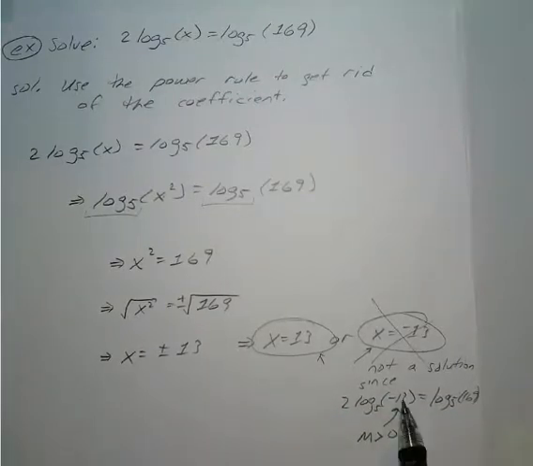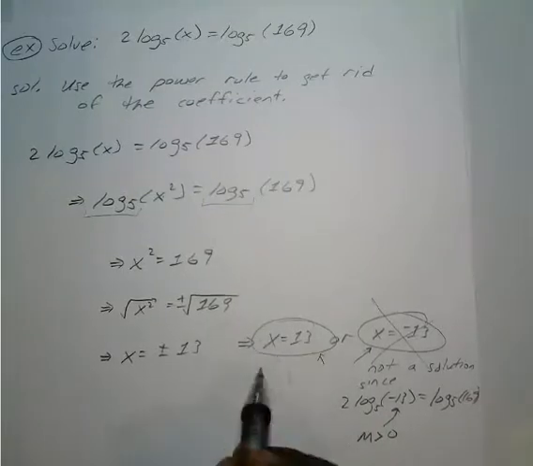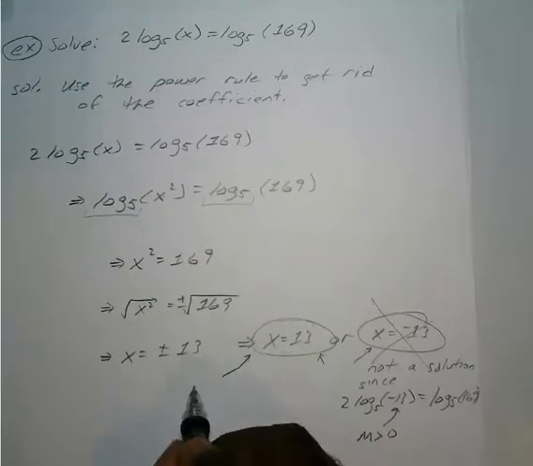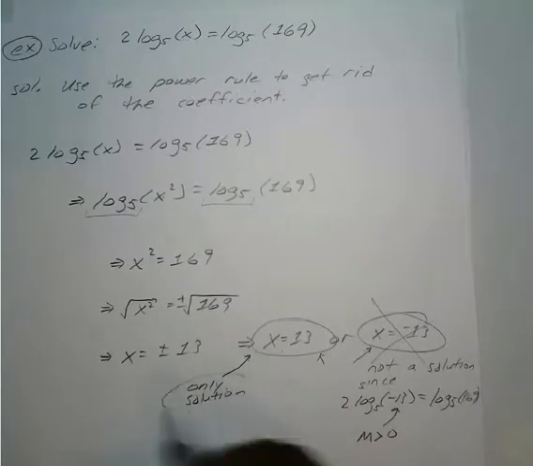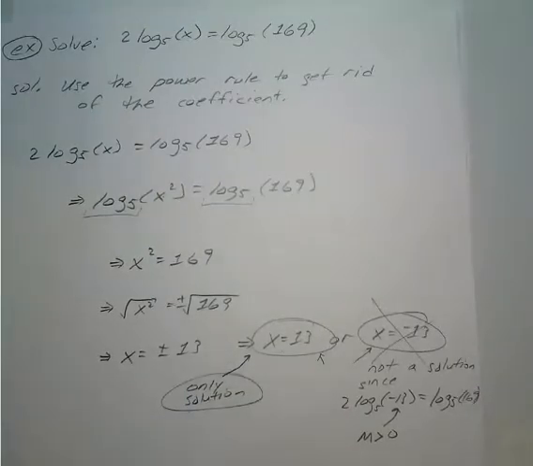Okay, so if you plug in negative 13, that m is no longer greater than 0, so you have an undefined solution. So x equals 13 is your only solution. Okay, so even though you started off with 2 solutions, the only valid solution that you can use for this problem is x equals 13.